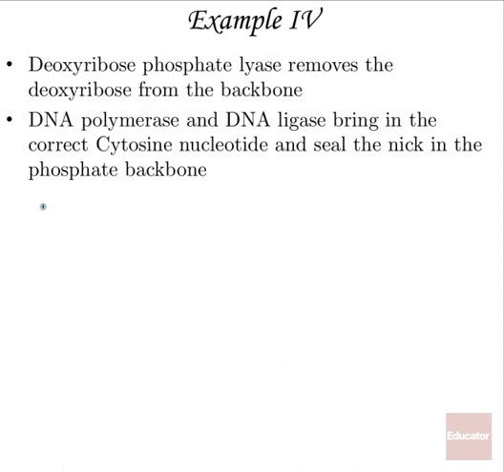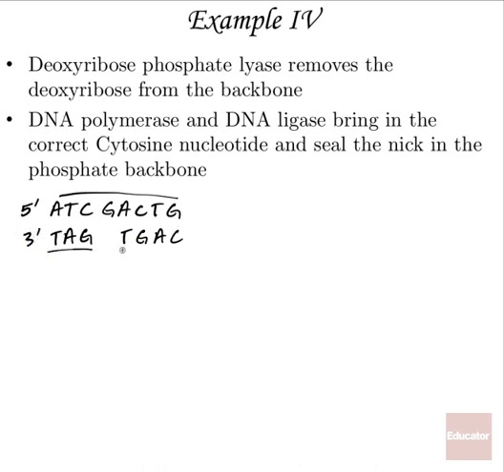Once again, I'll write out what we were starting with: A, T, C, G, A, C, T, G, T, A, G, T, G, A, C. Remember guys, this is just right after AP endonuclease has worked.